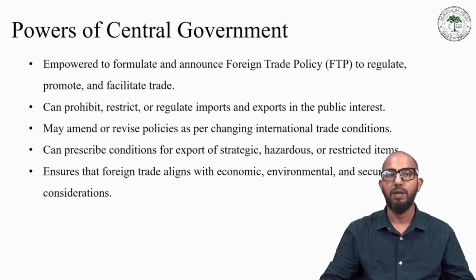It may amend or revise policies as per changing international trade conditions. It can also prescribe conditions for export of strategic, hazardous or restricted items. The central government ensures that foreign trade aligns with economic, environmental and security considerations.